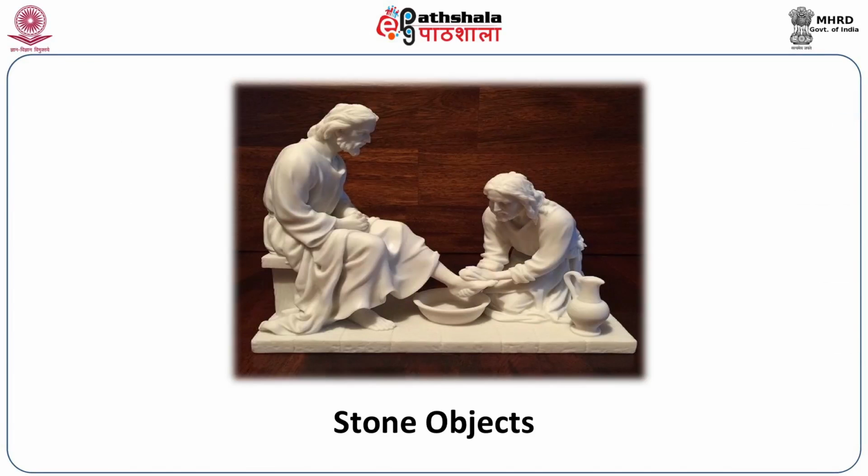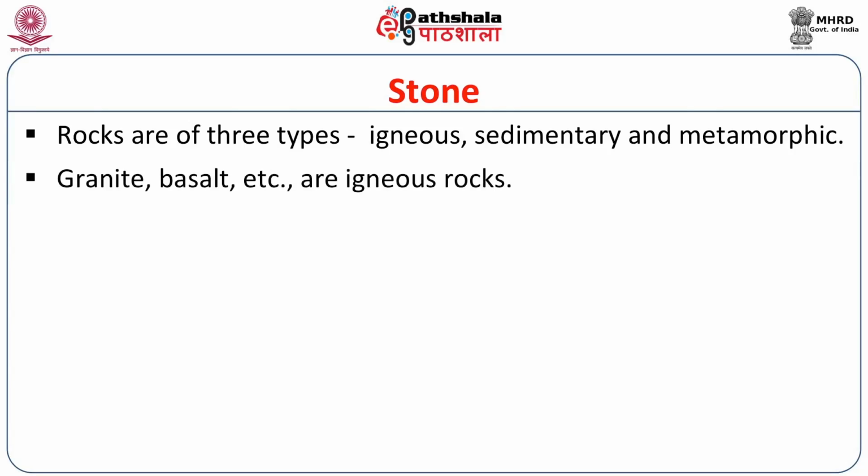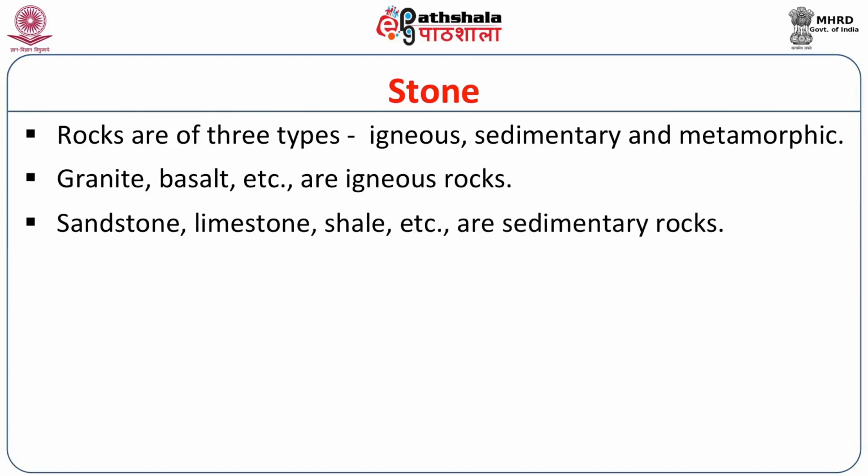Here we should discuss the stone object, how we should treat the stone object in our custody. Mainly, rocks are of three types: igneous rocks, sedimentary rocks and metamorphic rocks. Granite, basalt, etc. are igneous rocks.